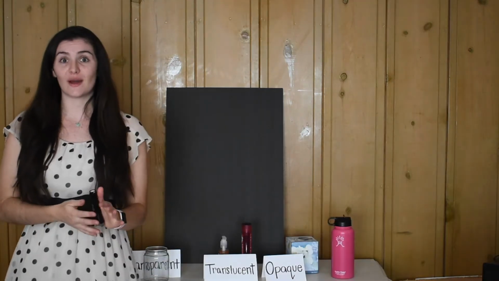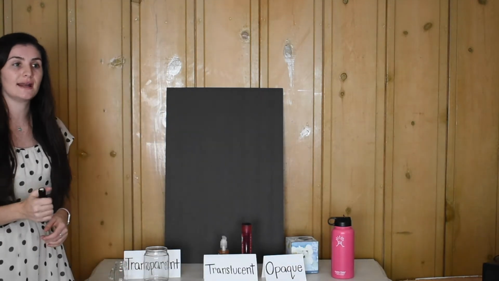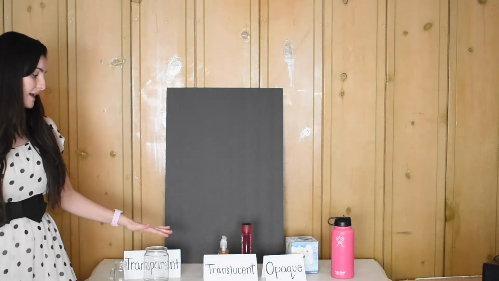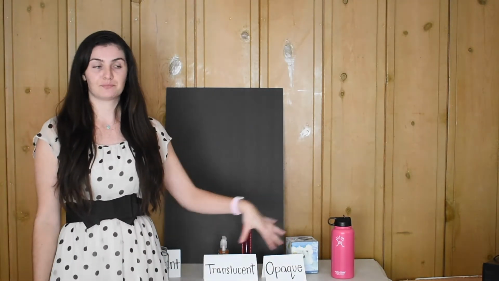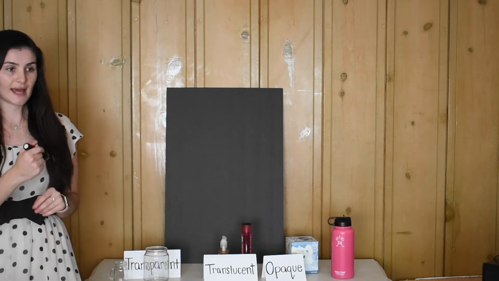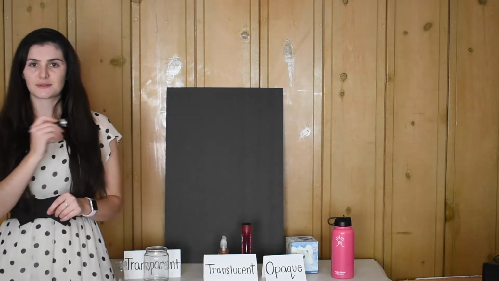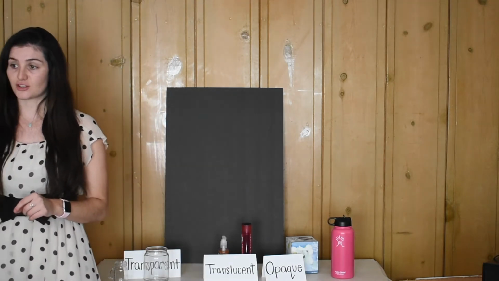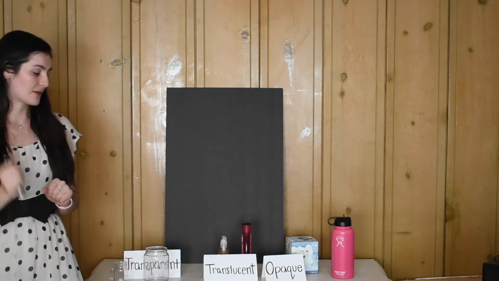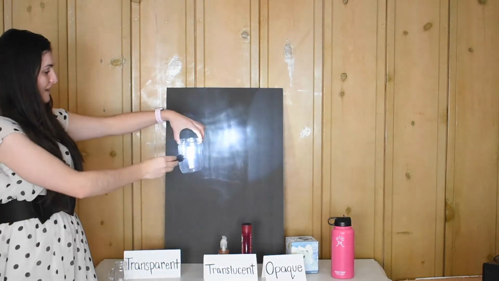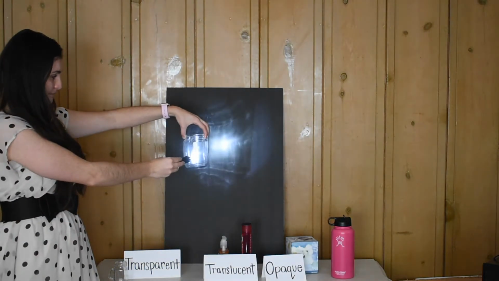Alright, so now we're actually going to go ahead and get into the experiment. So I'm going to go ahead and shine a light through a transparent item, a translucent item, and an opaque item. And when I do that, I want you guys to write down in your science journals any observations you have during this. And then you guys are going to go ahead and talk with your groups when we're all done about what you saw. And then we're going to come back together. So what happens when I shone my flashlight through a transparent item?